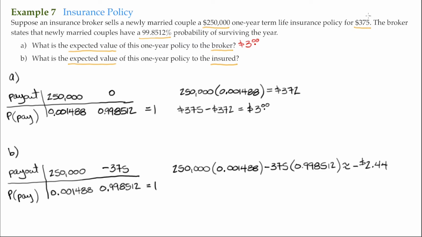Well, they paid $375 for the policy. However, eventually somebody in the long run is going to get the $250,000. So if I subtract out the $2.44, the actual cost of the policy to the newly married couple is $372.56.